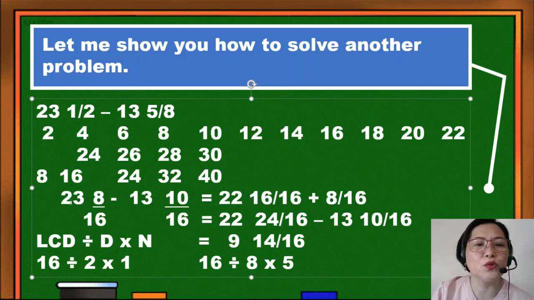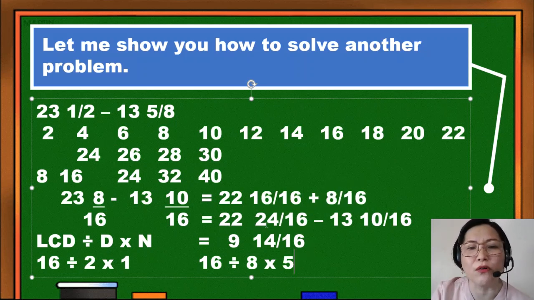You borrowed 1 whole from 23. That's why 23 became 22. And 16/16 is equivalent to the 1 whole that you borrowed from 23. 16/16 will be added to 8/16. So you now have 24/16.